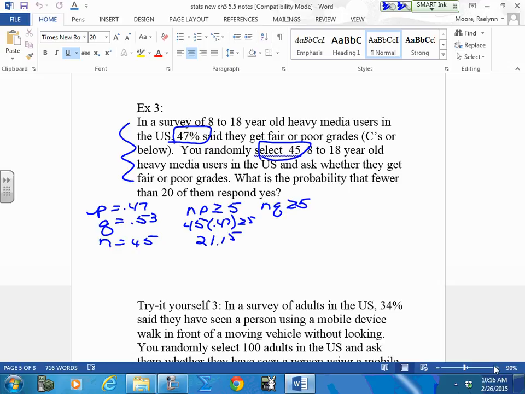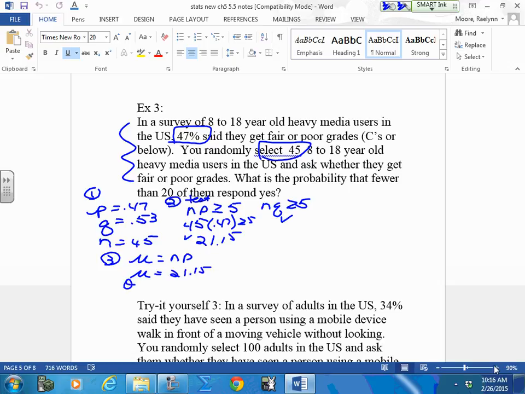And N times Q is obviously going to work, right? Because the P worked. So we know they work. Now, first thing to do is lay this out, then test. The third thing we're going to do, if the test works, is we're going to find your mean, which we already know, because we did N times P.